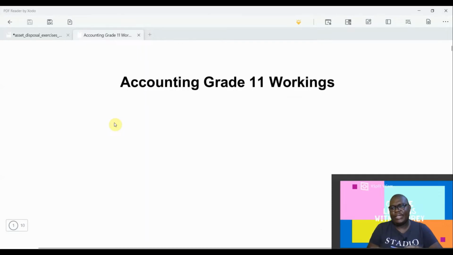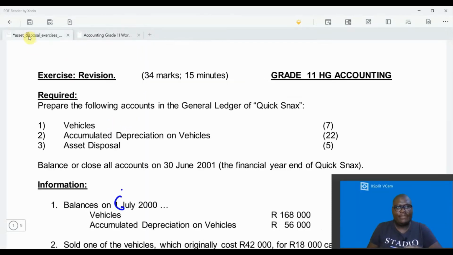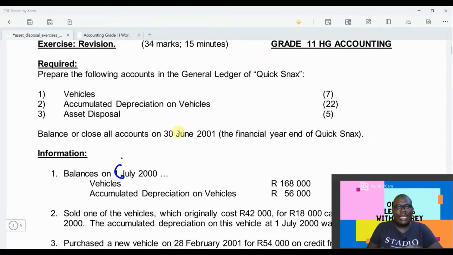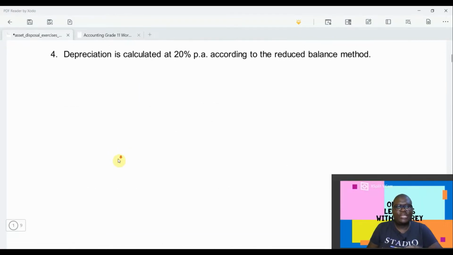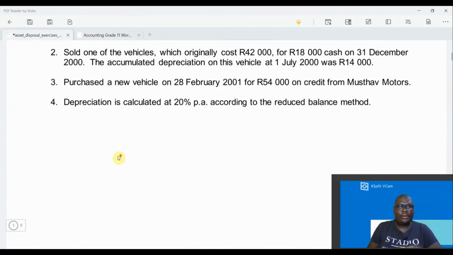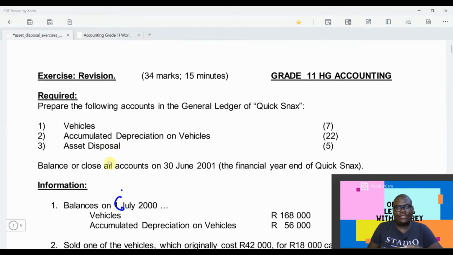Now the first thing that I want us to take down is, when does the financial period start? Here we are told that the financial period starts on 1 July 2001. So this is the first thing that we need to be able to establish before we do anything, just so that we don't get confused with the question.